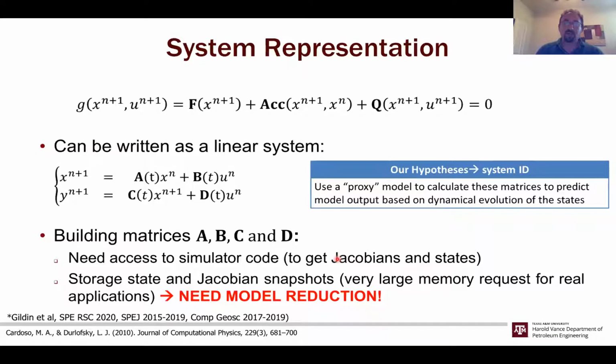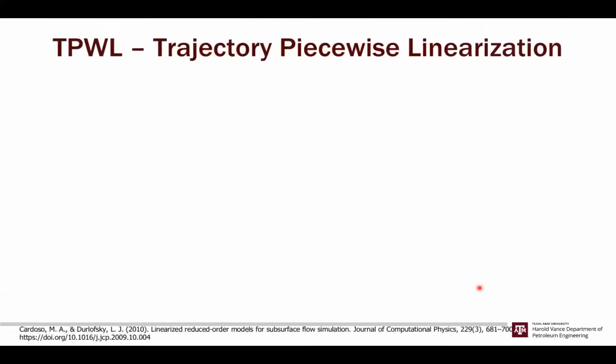Which means that we need to come up with something that's an easy fix for this large scale problem. And this is what's called model reduction. So let me just show one technique that we use. There are many, many techniques, but let me just pose this as trajectory piecewise linearization type of model reduction.